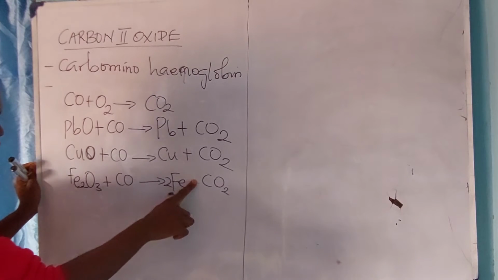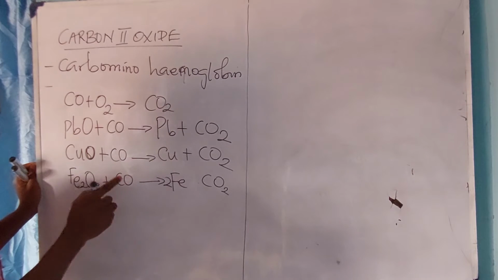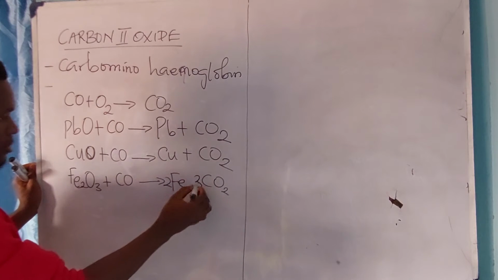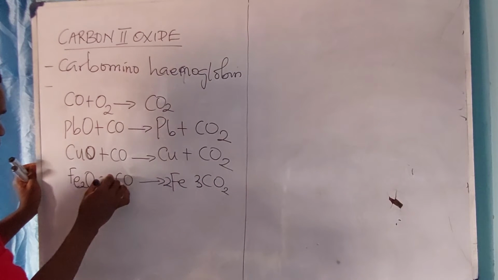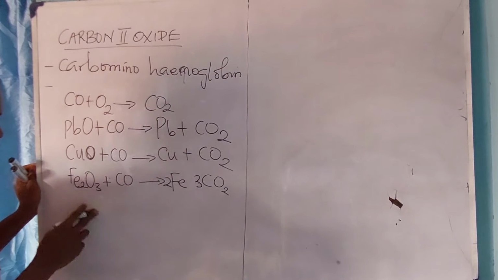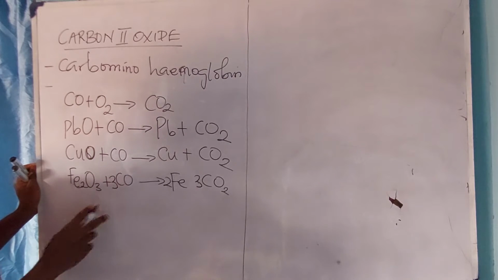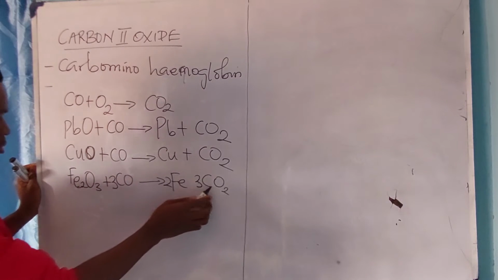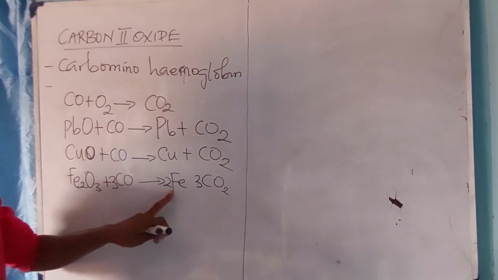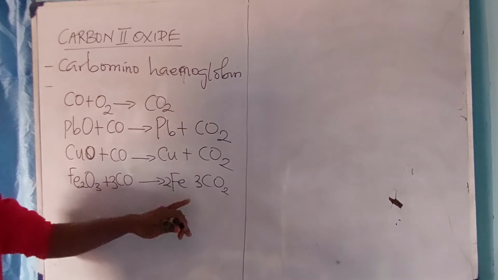So how many oxygen? 3 on one side and 4 on the other, so that is 2 times 3, 6 oxygen. Put 3 here. Is that correct? 3 carbon. So it is balanced: 3 oxygen, 2 iron, and 6 oxygen, 3 carbon, 3 carbon.